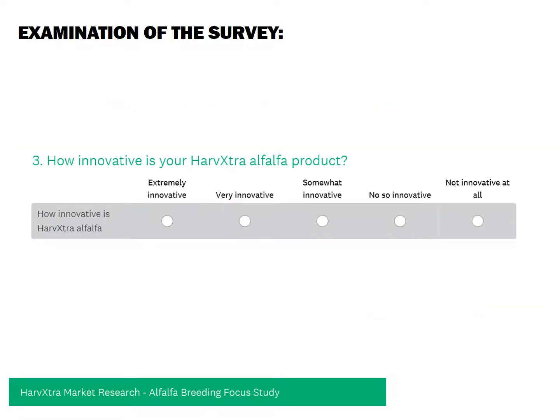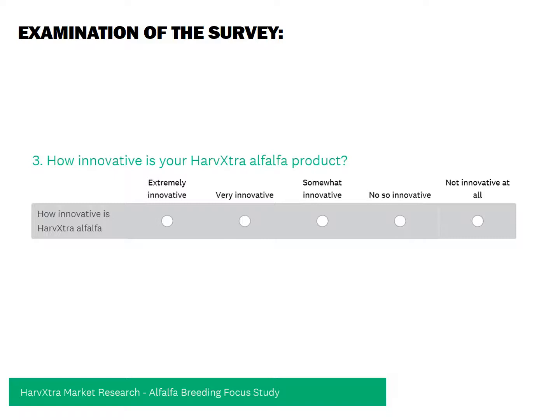This is also one, and the question is, how innovative is your HARVXTRA alfalfa product? This question is designed to determine innovation. So did we do a good job? Did we get something new to market, something novel, which our company thinks we did, but we want to make sure that growers understand that proof of concept.